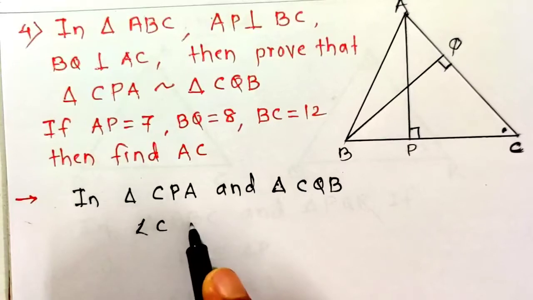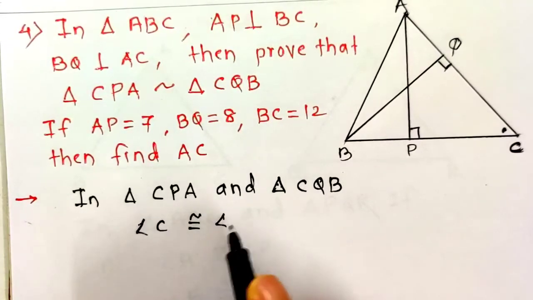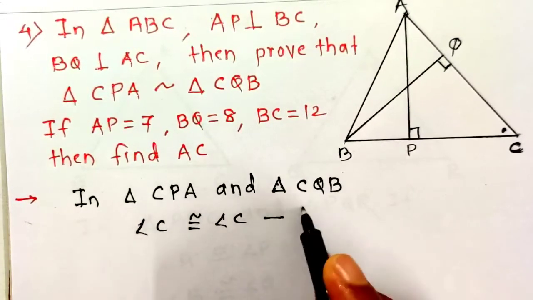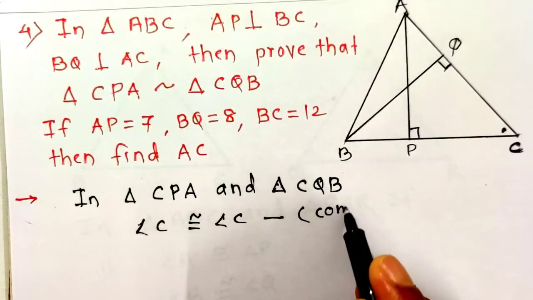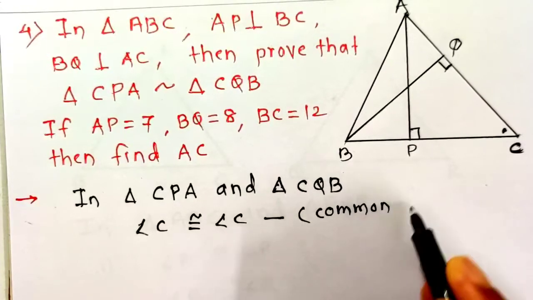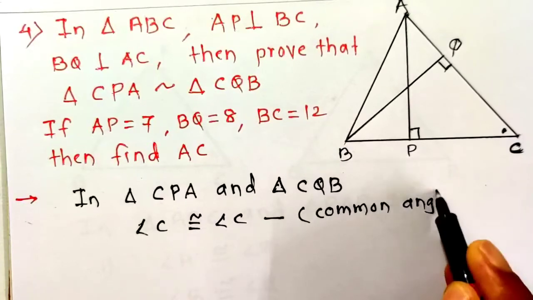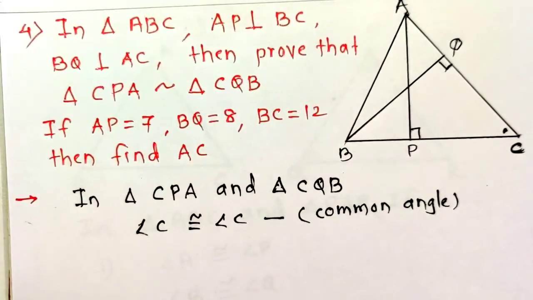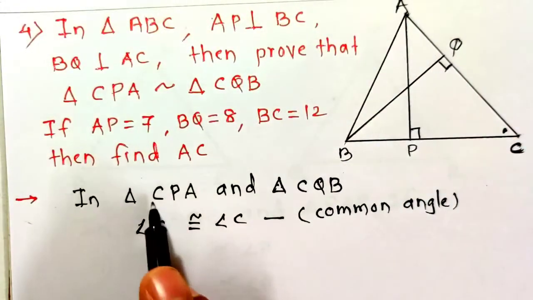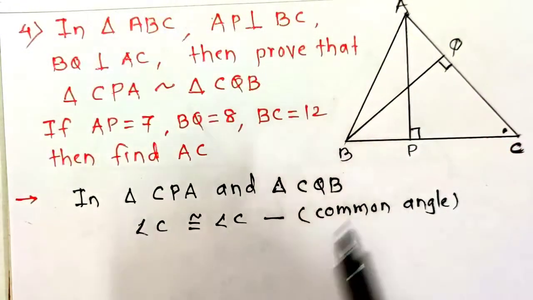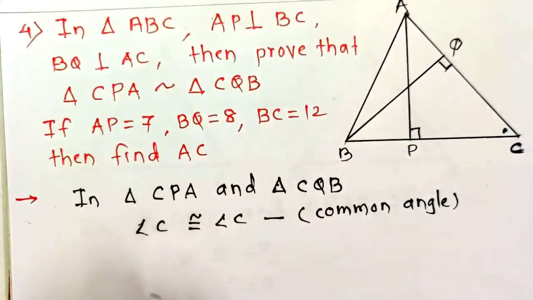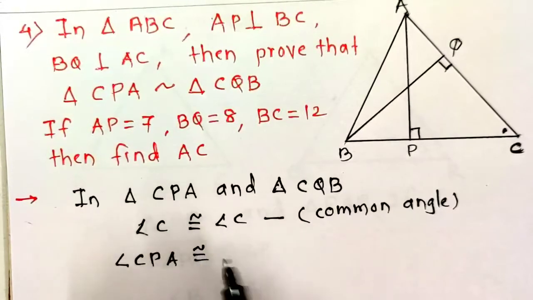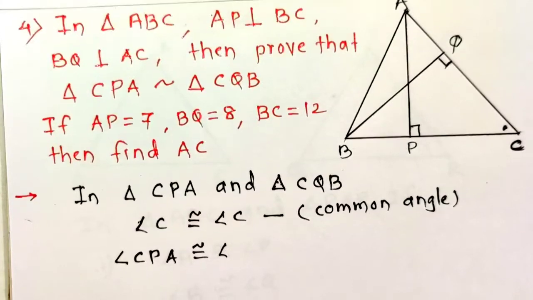Angle C is congruent to angle C. Here the reason is a common angle. This is the common angle for both the triangles. Now if you observe the figure, this angle CPA is 90 degree. Angle CQB is again 90 degree. Angle CPA is congruent to angle CQB.